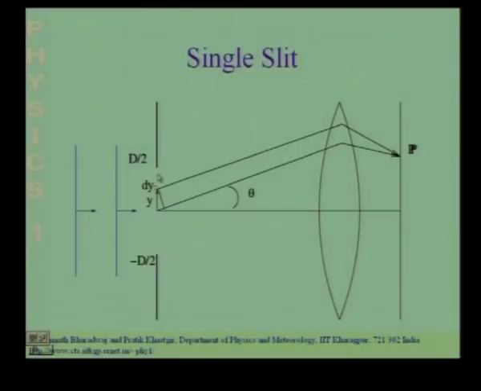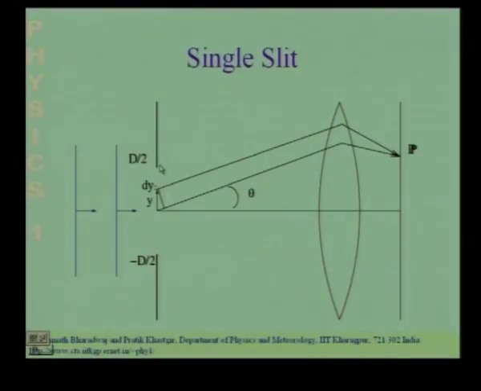Each of these sources contributes the same amplitude, but with a different phase, and the phase runs from minus pi to plus pi. Now, we all know that if you integrate e to the power i delta, with delta running from minus pi to plus pi, e to the power i delta is cos delta plus i sin delta, and if I integrate this from minus pi to plus pi, then we get 0.